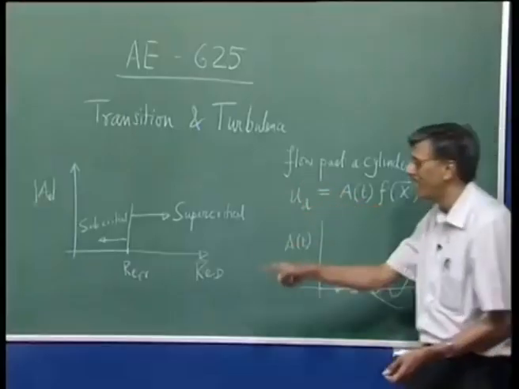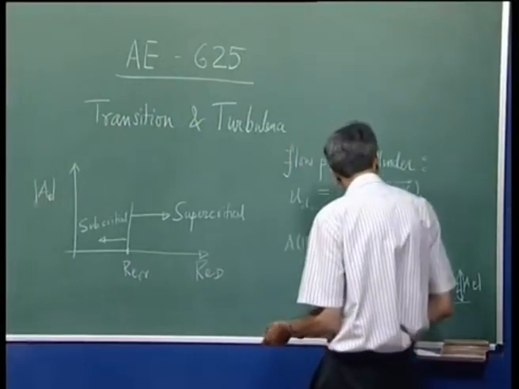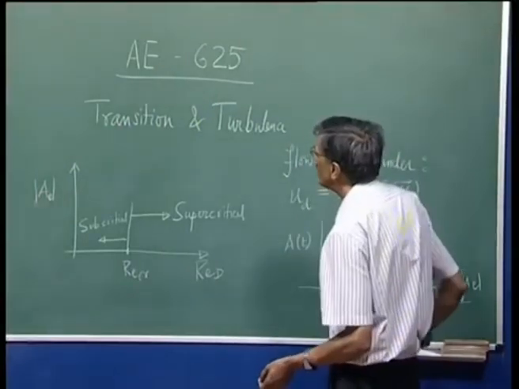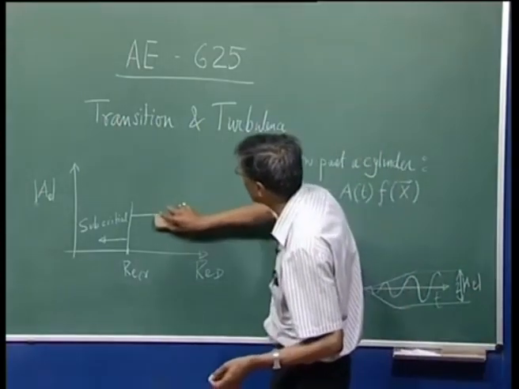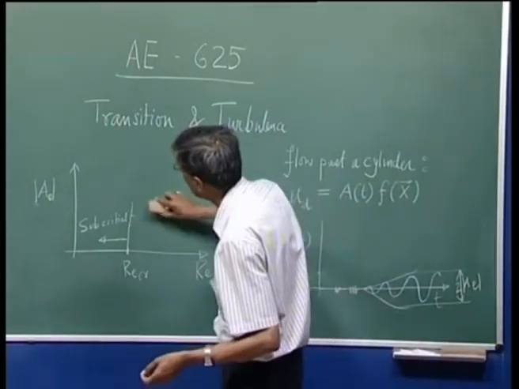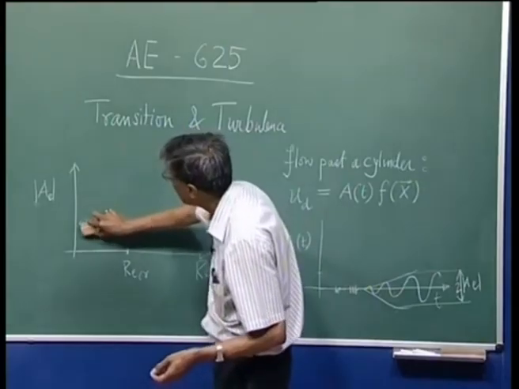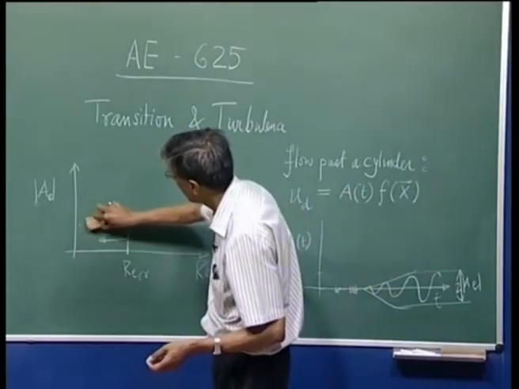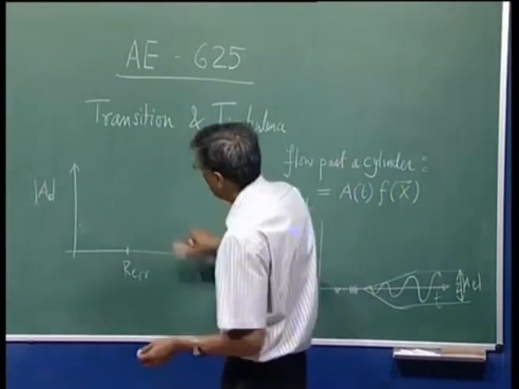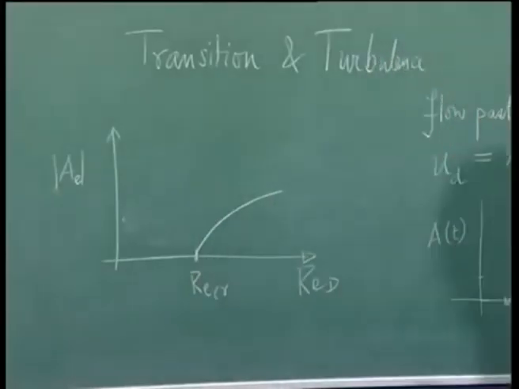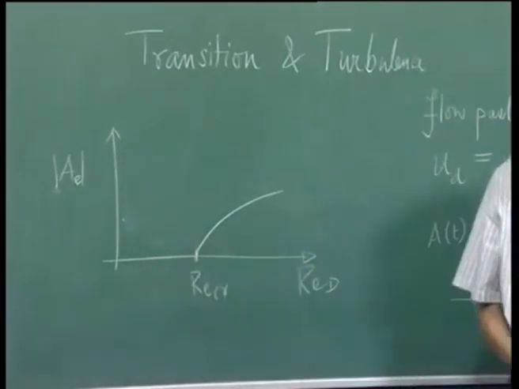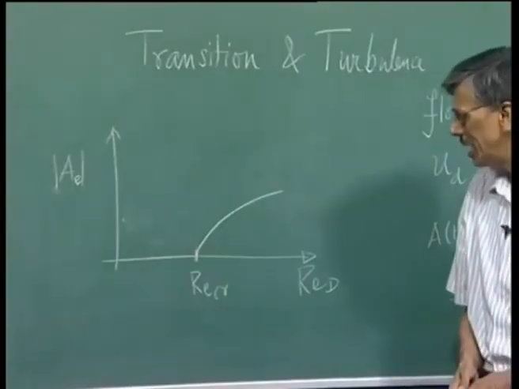So, I can plot that, and what you would find is that up to Re critical, that equilibrium amplitude remains 0, and then it actually goes like this. So, this behavior is typical of bluff body flows.